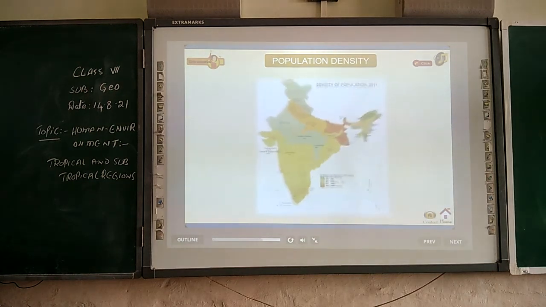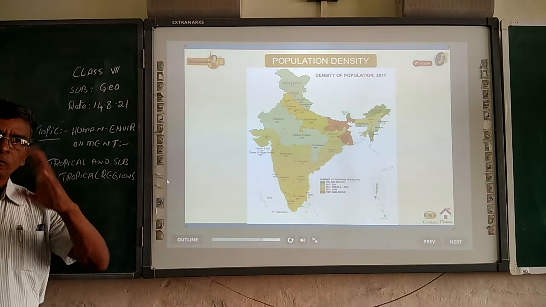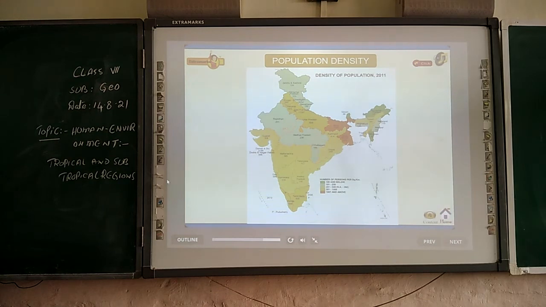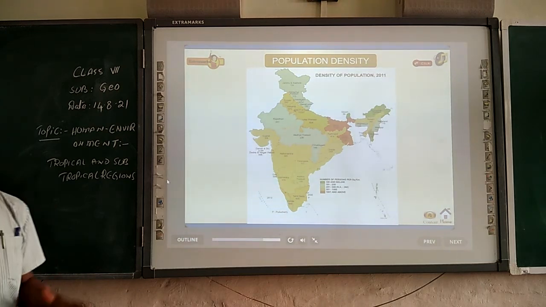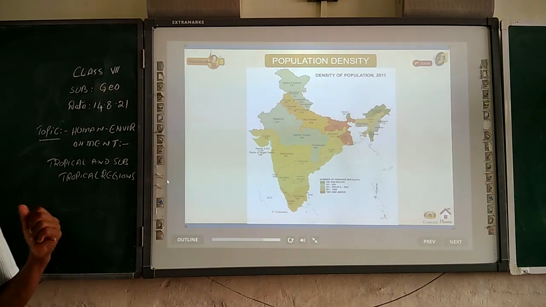The Ganga Brahmaputra basin is the most populated river basin in the world, with a population of more than 500 million people. Especially if you see the Ganga Brahmaputra basin, it is the densest basin in the world as compared to the whole world, because it has the most fertile land, the complete basin is packed with alluvial soils and an abundance of water resources.